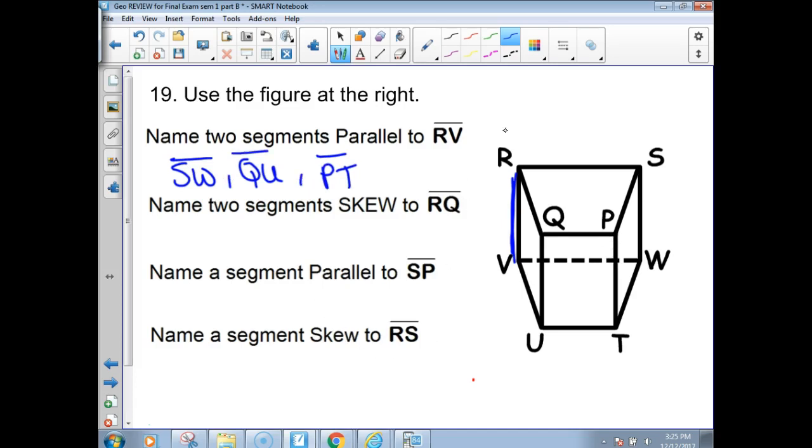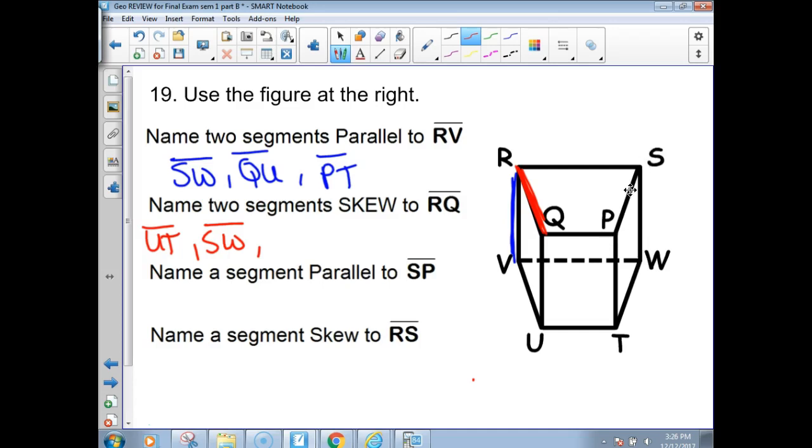Name 2 segments skew to RQ. Skew means we'll never run into and is not parallel. So VU is no good. All right, UT would work. I heard some SW, sure. Another good one.